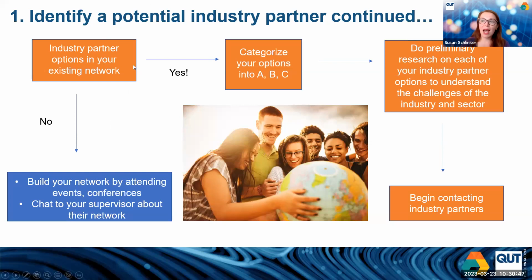However, if you did have some people that you could add to that list and you think, yeah, okay, I could keep going on that list afterwards and I could build it out even more, then the next step after that is to categorize your industry partner options into A, B, and C. And the reason that I ask you to do this is because sometimes students might get really excited and want to reach out to their top choices first up, which I understand, right?